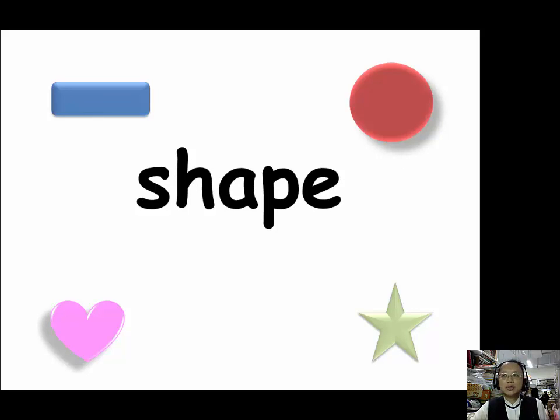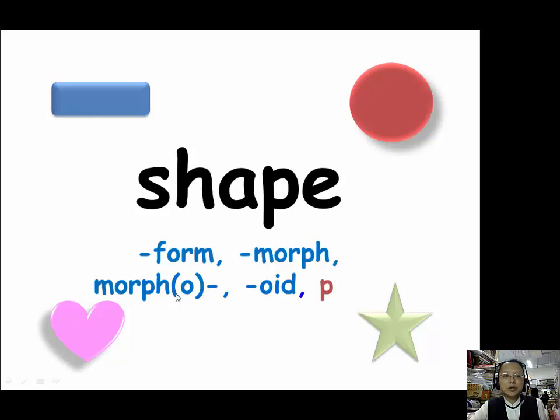When we talk about things that have shapes or take forms, not a particular shape, we can use the following prefixes and suffixes. For prefixes, we use morph, M-O-R-P-H, or morpho, M-O-R-P-H-O, and plas, P-L-A-S.